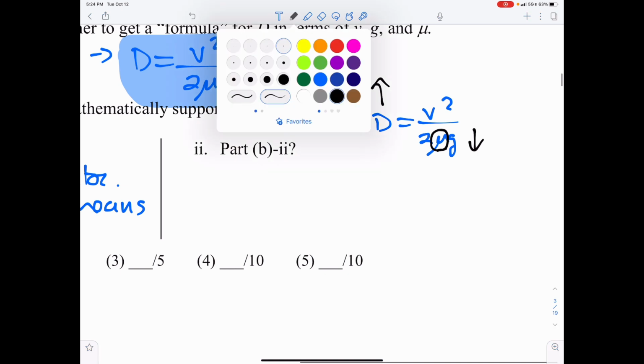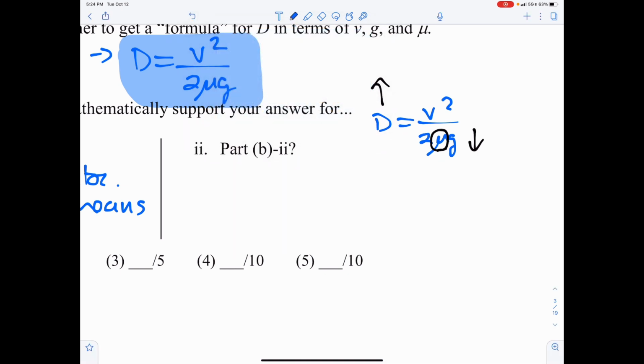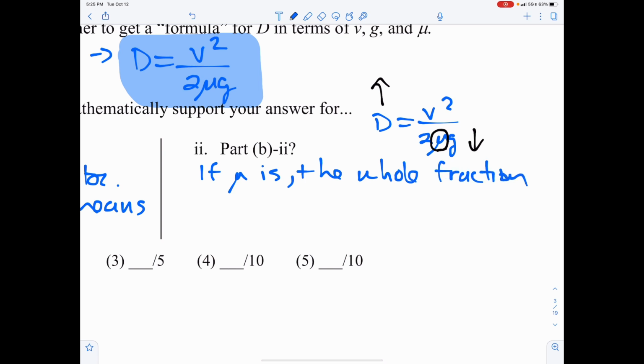And sure enough, it supports. If mu is less, the whole fraction, which is d, v squared over 2 mu g, is greater.